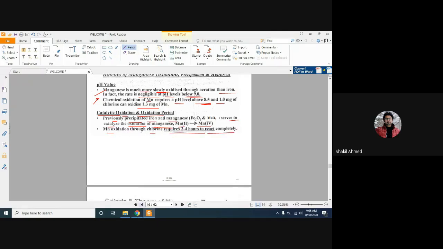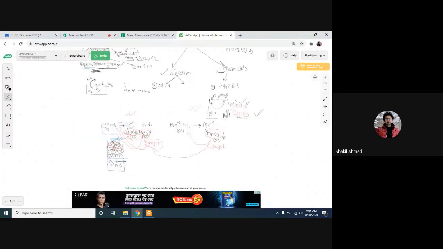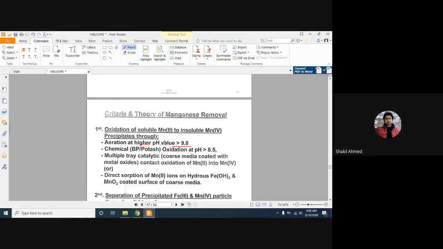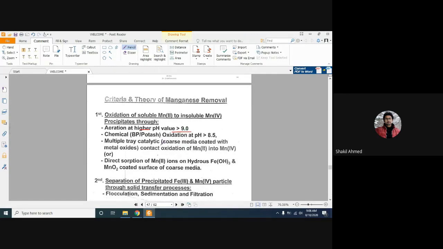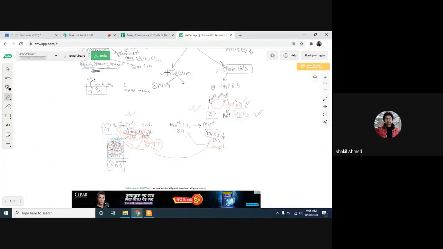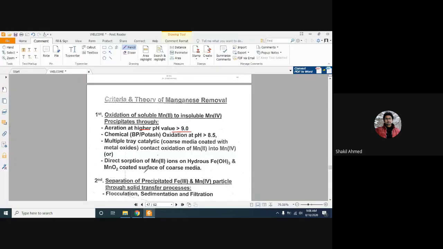If you use chemical oxidation, then you need 2 to 4 hours of contact time at least. But now the question is how much time you need in case of using aeration. It depends on the type of the water condition, what the pH is, what the alkalinity is, and these things. Okay.